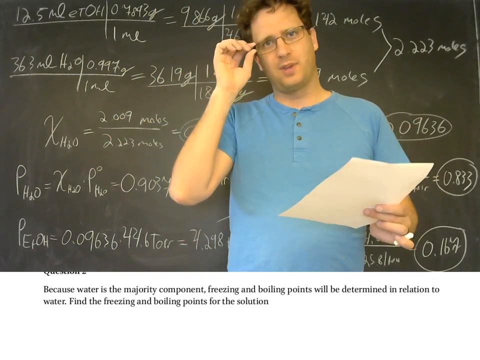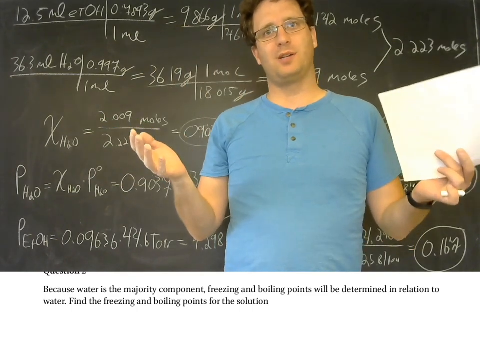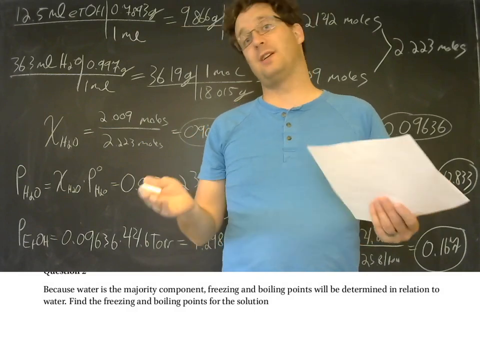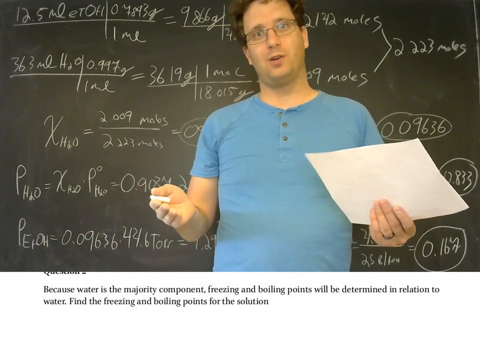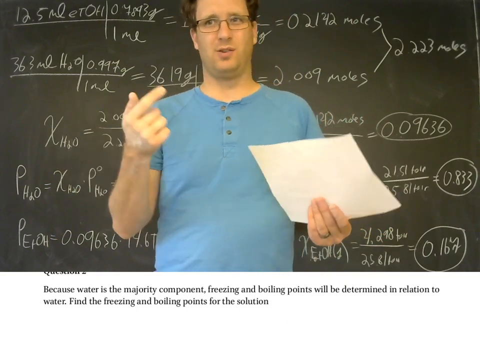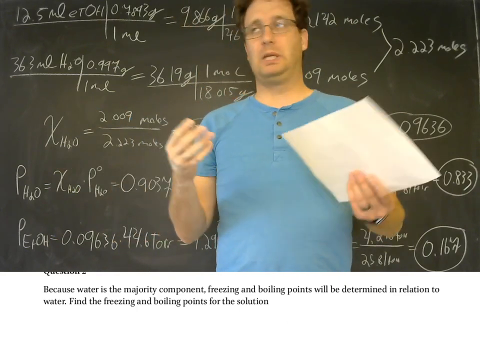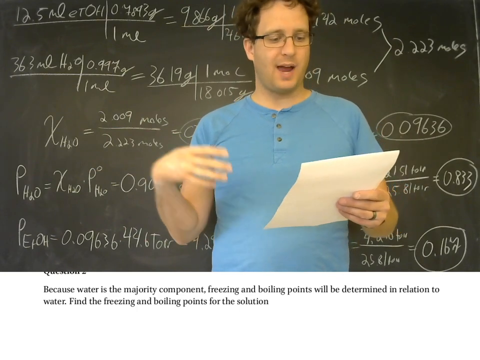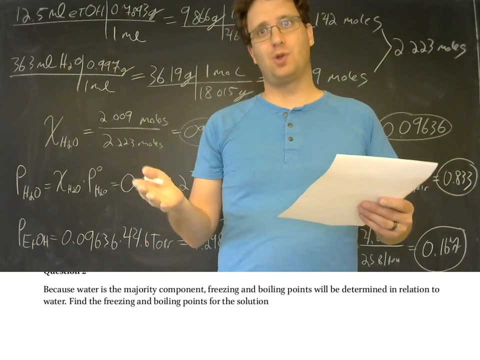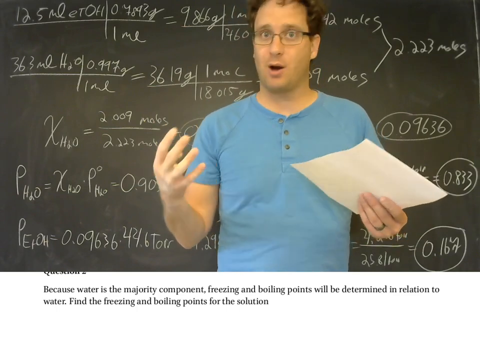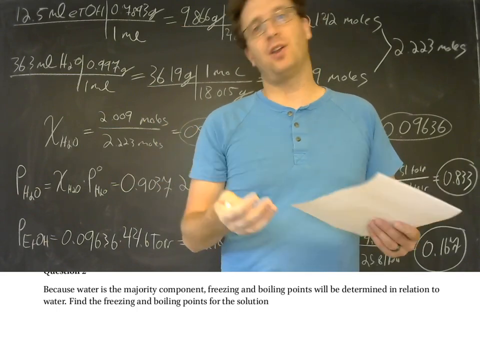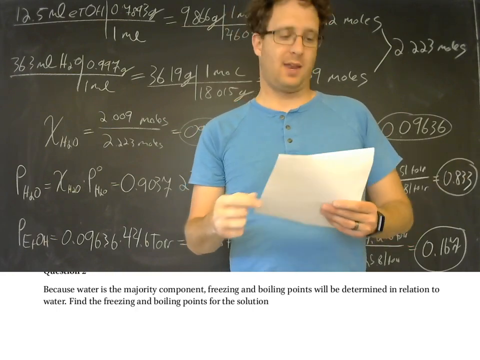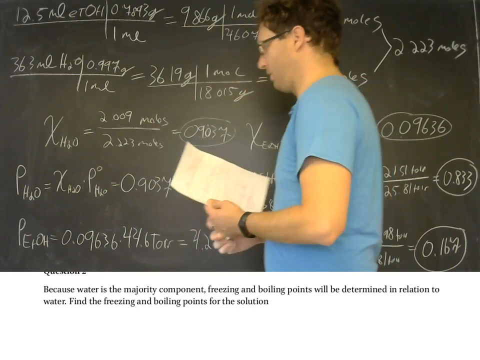And if you're going to be calculating freezing point depression values and boiling point elevation values, you'll get different answers depending on what you choose to use as the solvent and what you use as the solute. And like most things, it can get complicated in edge cases, but we've got 90% water here. Water is the majority component, and so we'll use that as our baseline. We'll consider ethanol to be the solute, which indeed it is, and calculate our freezing point and boiling point depression constants from there.